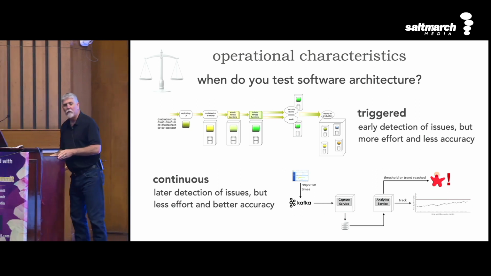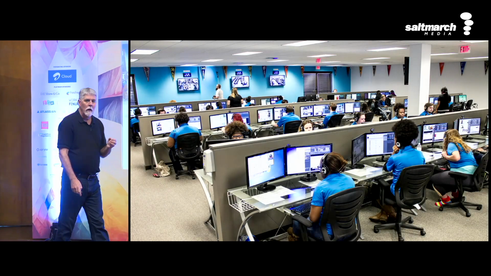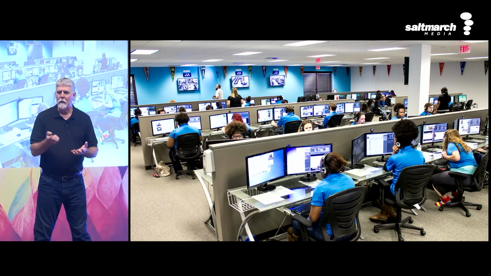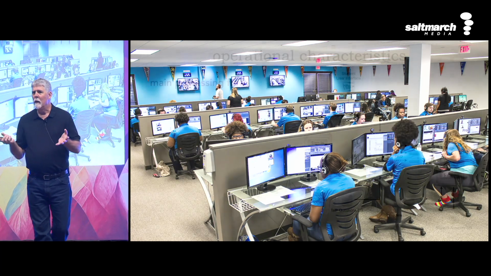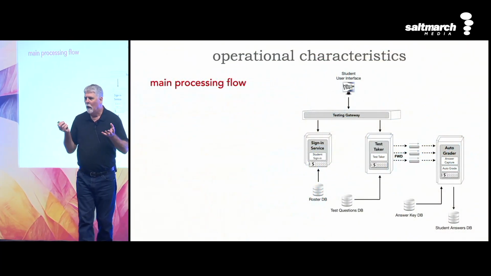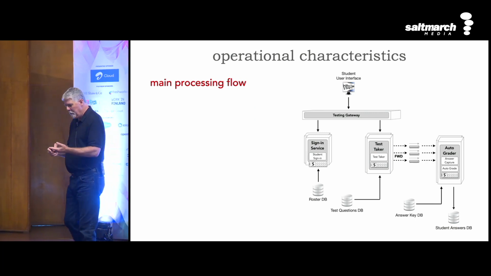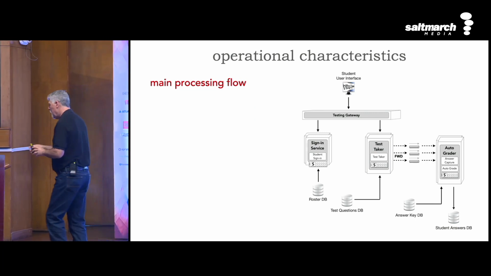Okay, so let's actually write them now, because now that's what those fitness functions are. So here's our student test-taking system. Okay, so what can you imagine are the fitness functions we can write? I can give you a hint. Students are taking a test.